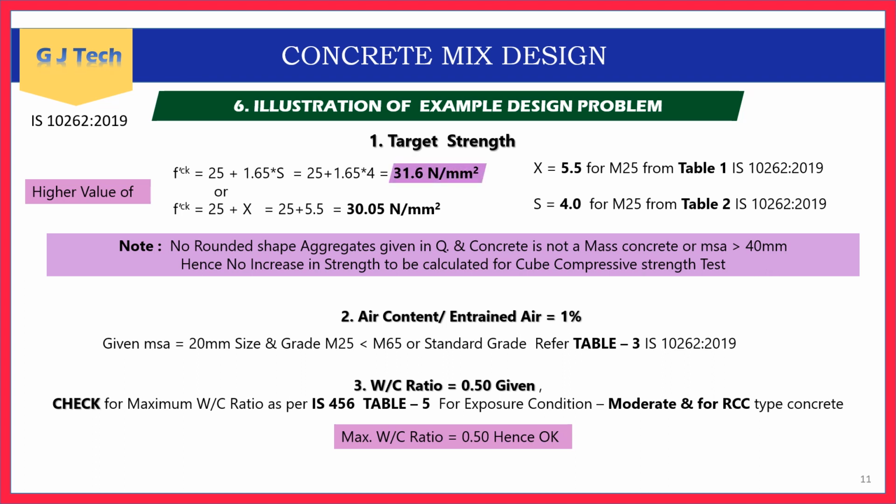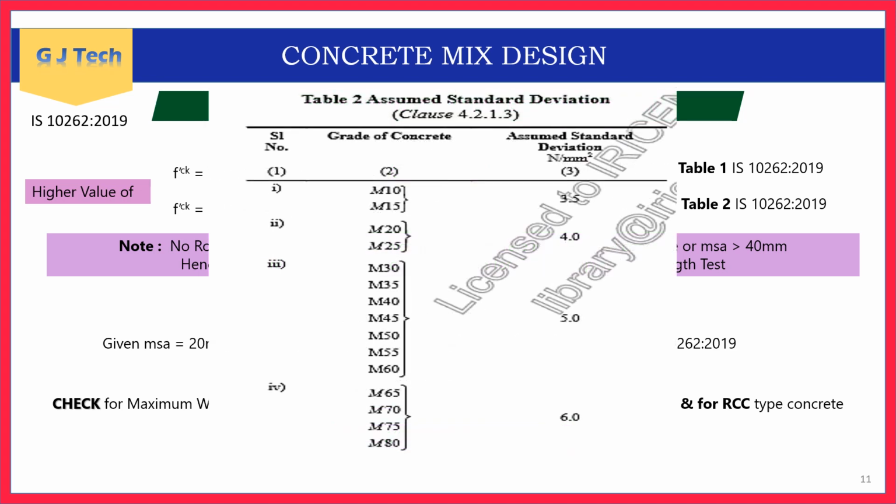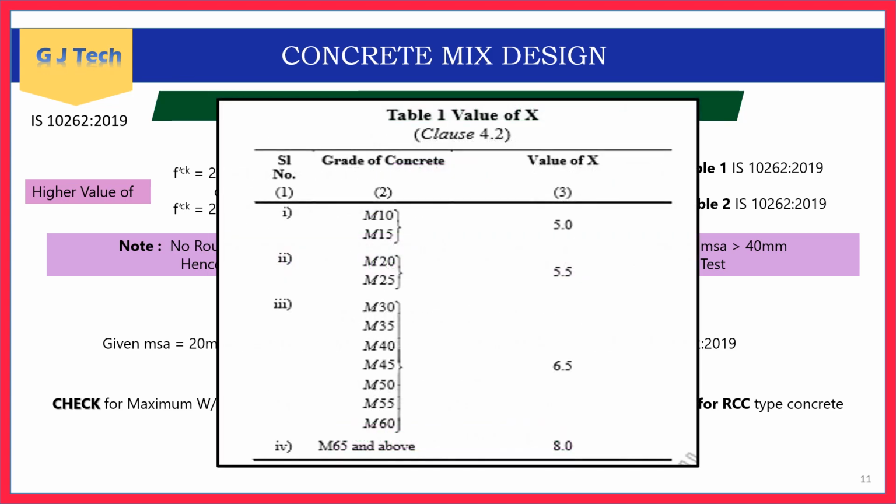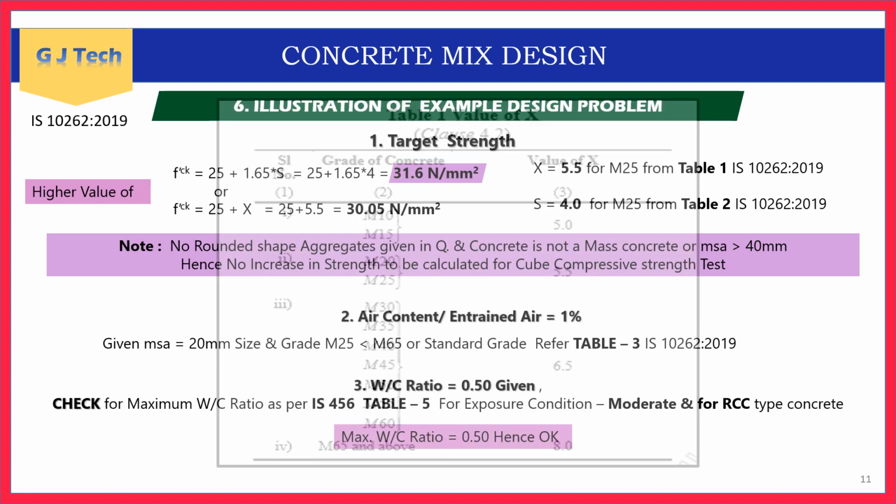So the X value is obtained for the grade of concrete. Here we are designing the M25 grade of concrete. You can see table 2 shows the standard deviation value, that is 4. So the standard deviation value is 4, and for the X value we refer to table 1, and the respective value of X for M25 grade is 5.5.